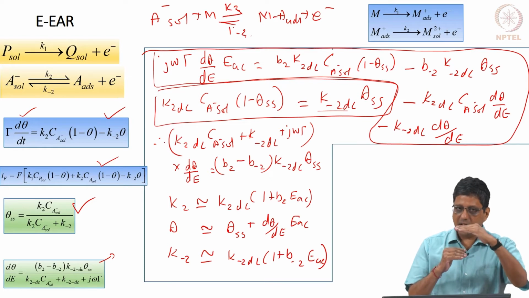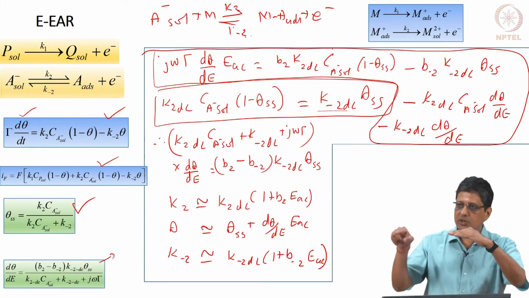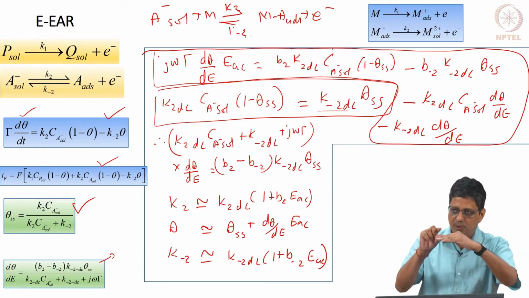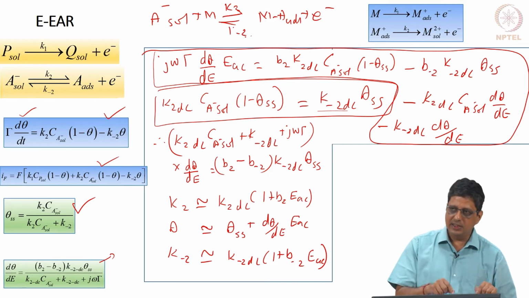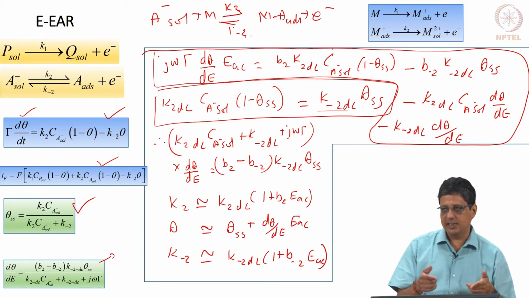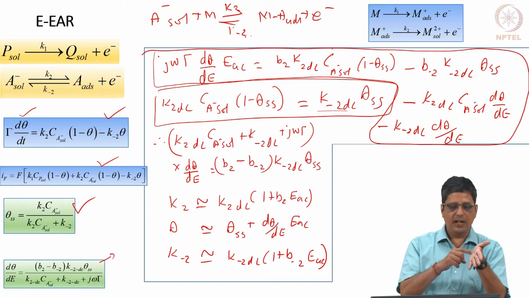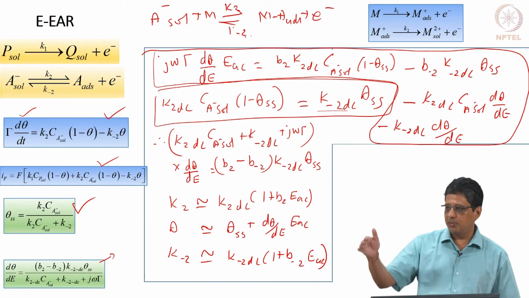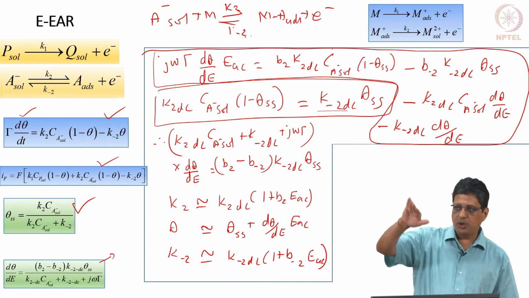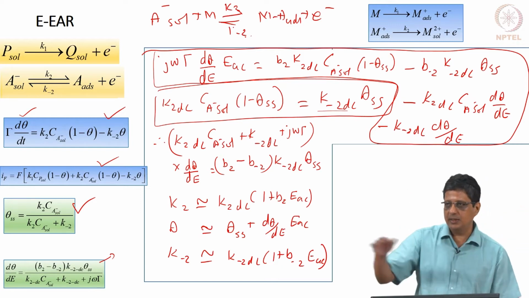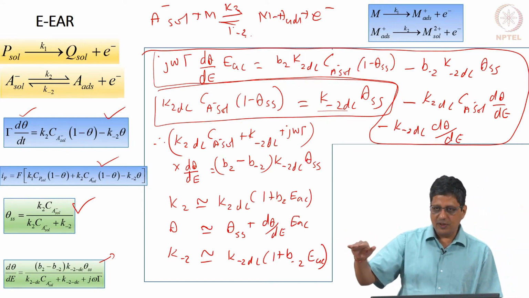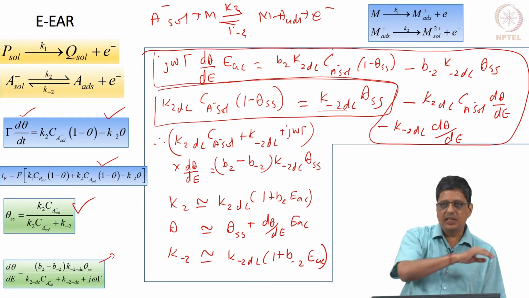It is going to oscillate around the DC, but this is how it is going to oscillate. This is going to be the amplitude, and we also see the theta SS will not be in phase with the potential. That means, when I start here, so if you look from this side, let us say this is 0, potential goes up, comes down and goes like this, fractional surface coverage under steady periodic condition.